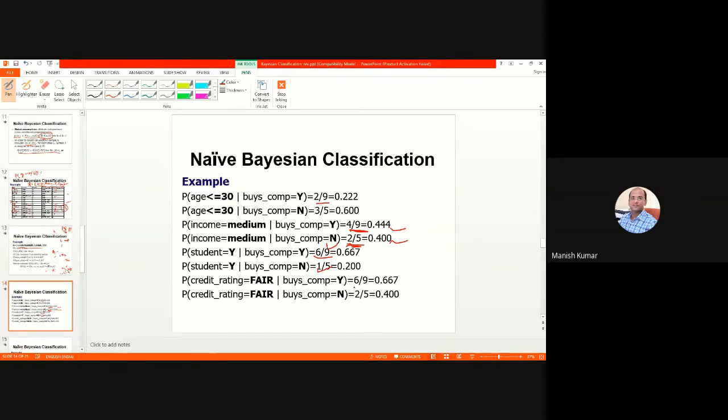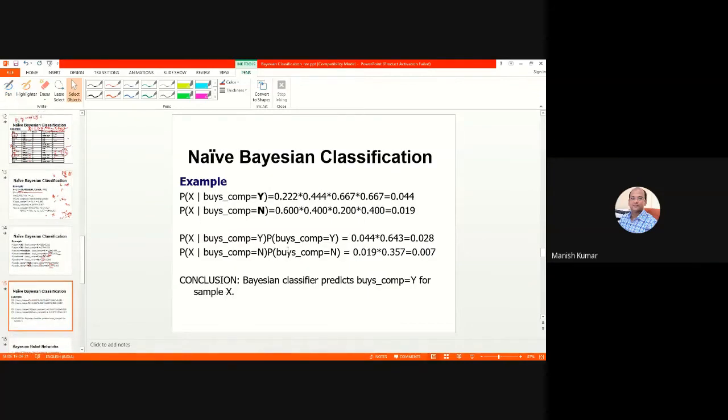Similarly, you will be finding out for this part, so it will be this, this, this. Now, after finding out all these probabilities, you have to find out, if class is yes, what is the probability of occurrence of that sample? That is a multiplication of the individual attribute conditional probabilities.